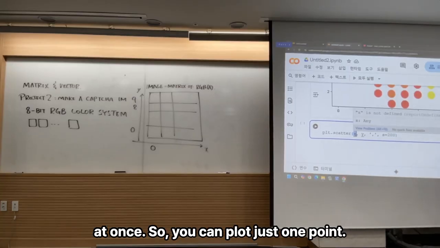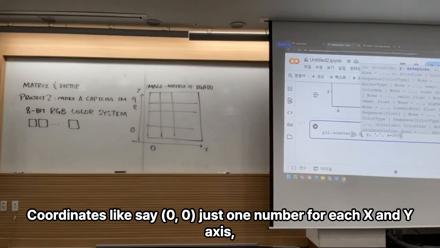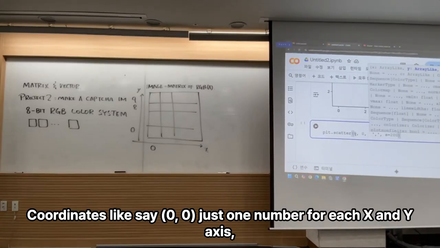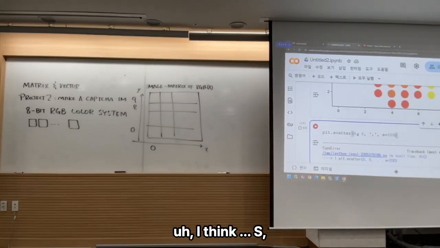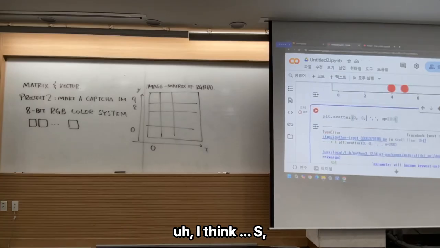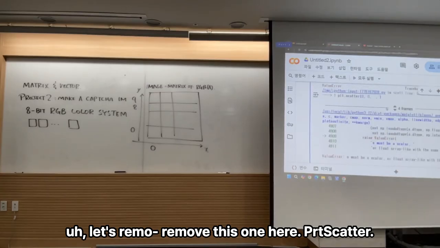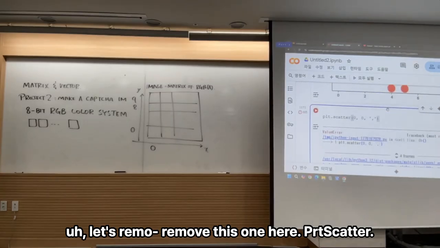So you can plot just one coordinate, like say 0, 0, just one number for each x and y axis. Let's remove this one here. Here it is, scatter.